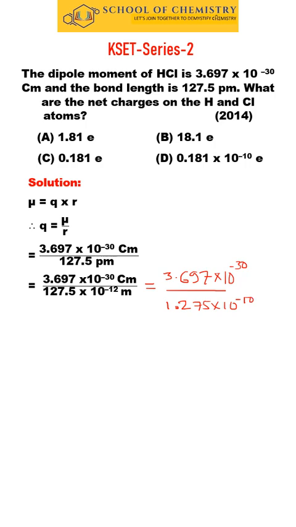Now the simplification is very easy, because this is 3.6 and this is 1.2.